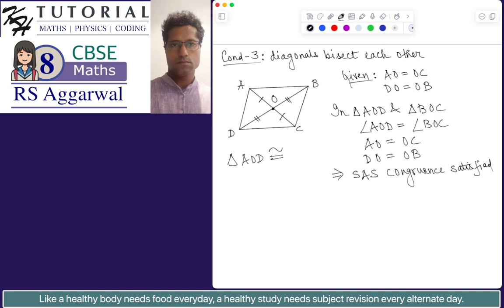Okay, so we have clearly O is the common vertex, so definitely O will be mapped to O, and so side and angle. AO is equal to OC, AO is equal to OC and DO is equal to OB.